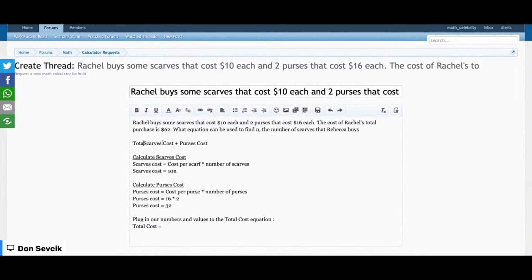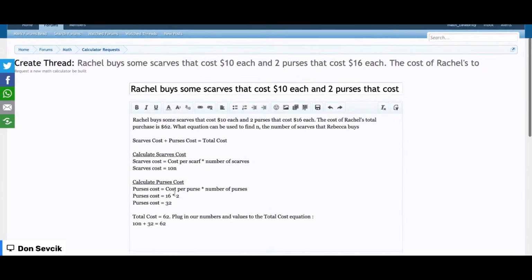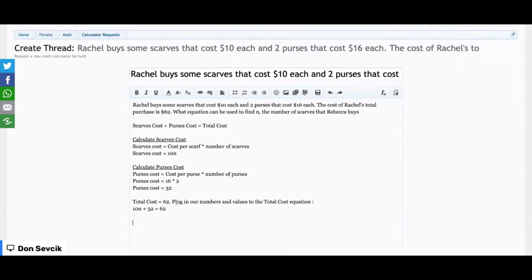Actually, I'm going to reverse this because I like my last number on the right side. So we have scarves is 10n plus 32 for the purses equals 62, right? We want to solve for n.